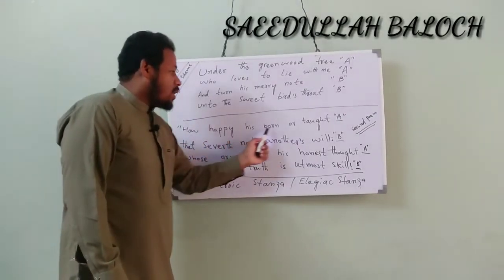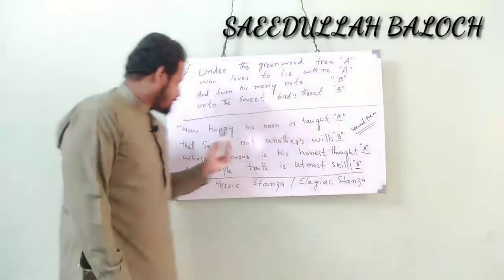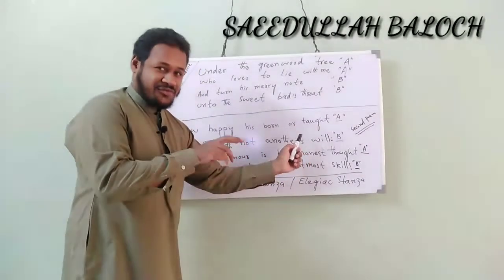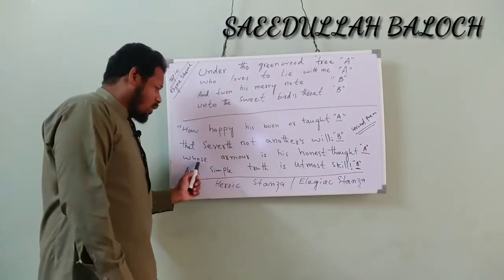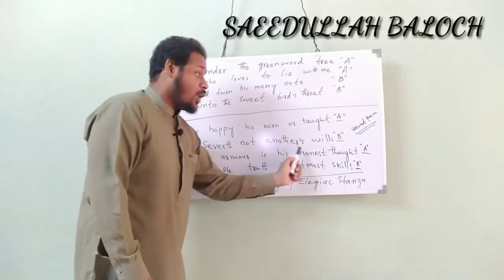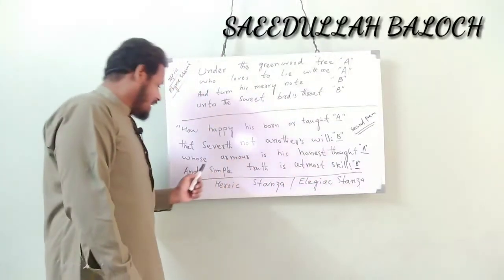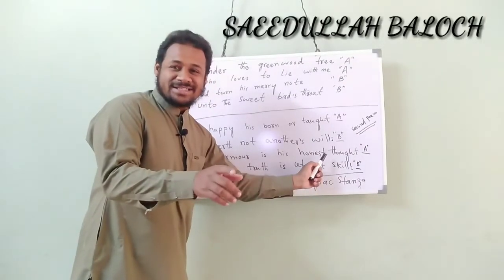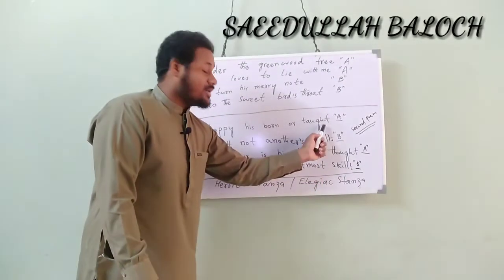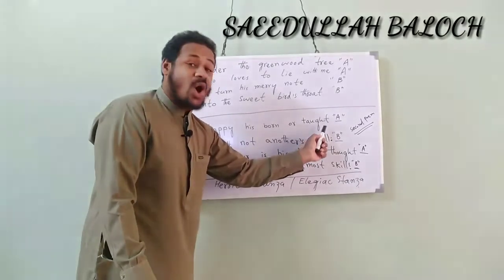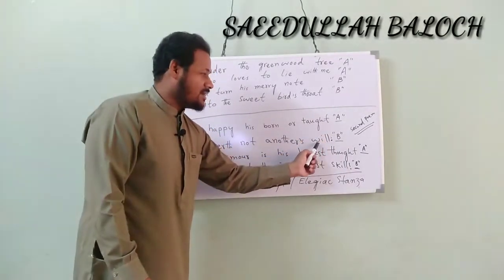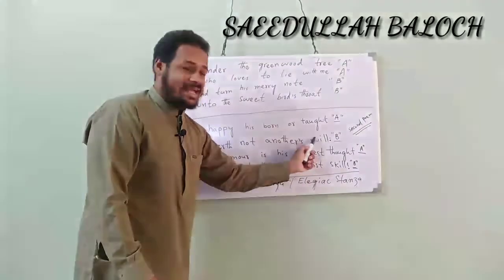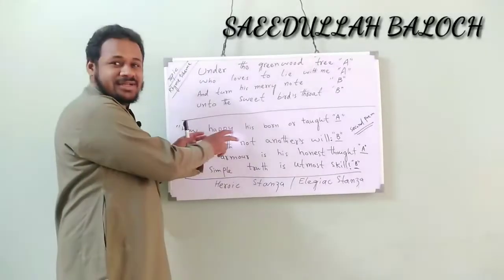How happy is he born or taught, that severeth not another's will, whose armor is his honest thought, and simple truth is utmost skill. Let's find its rhyme scheme. Thought. Here is different: will. So both lines are different.